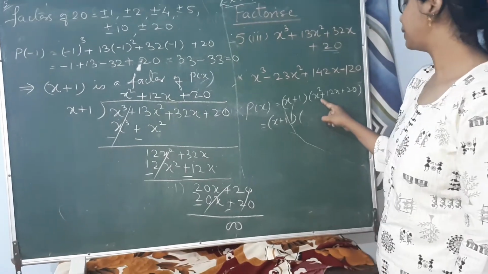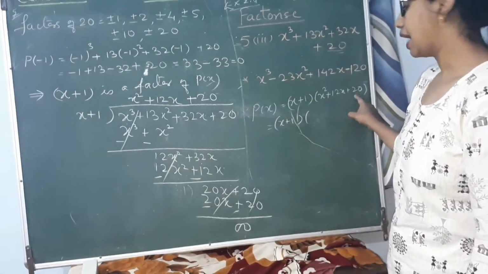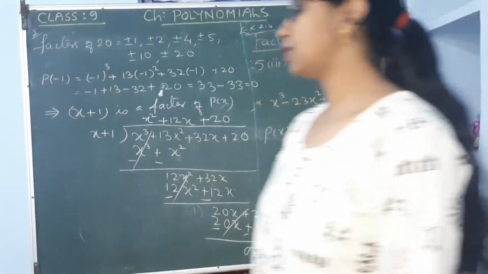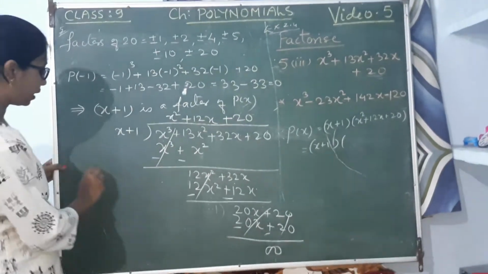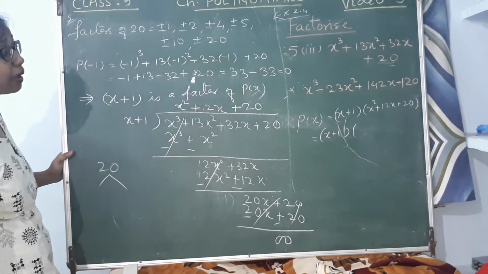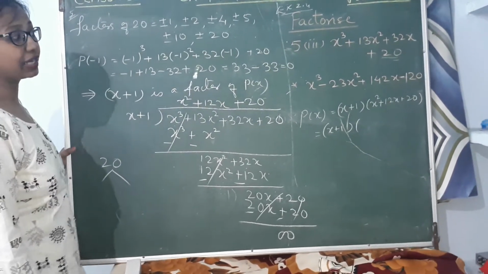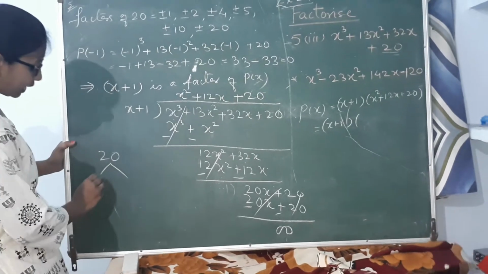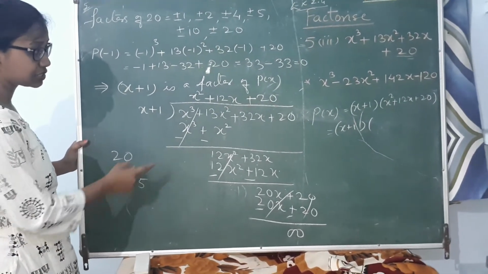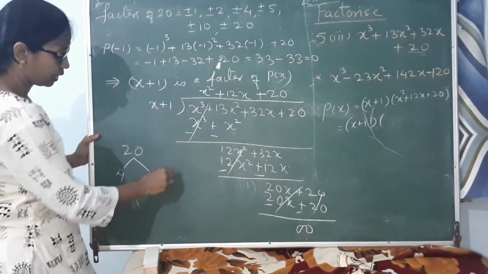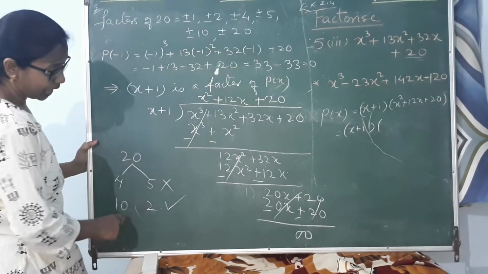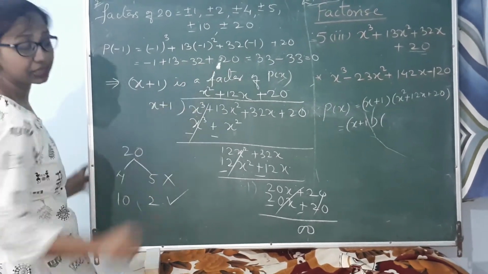Now do the middle term for this. I told you how to do the middle term. For 20, you find two terms whose multiplication is 20, but when you add them, you should get 12. So can we use 4 and 5? 4 into 5 gives you 20, but the sum is not 12. Will not take. 10 into 2 is 20, and 10 plus 2 gives your middle term.